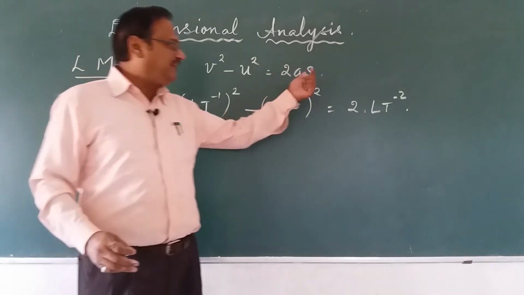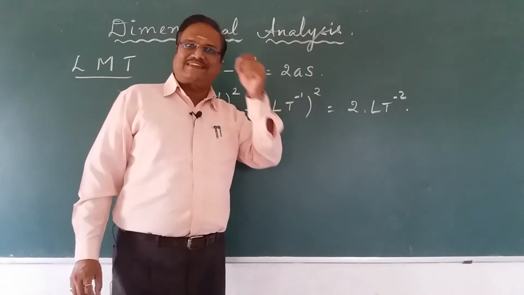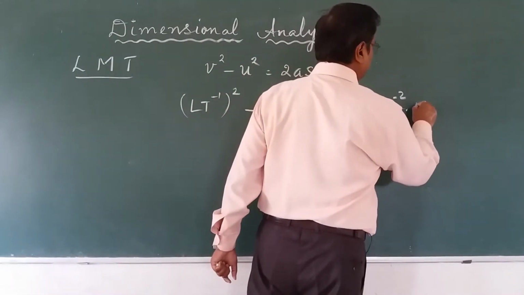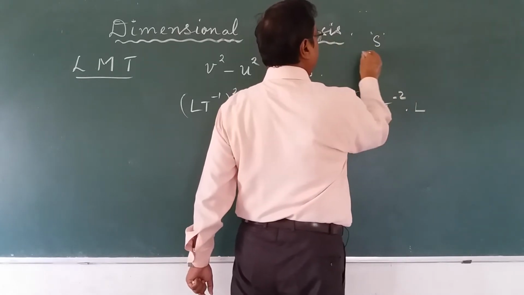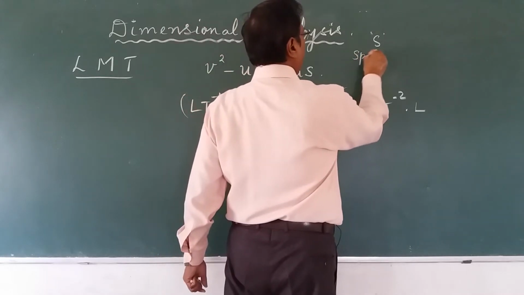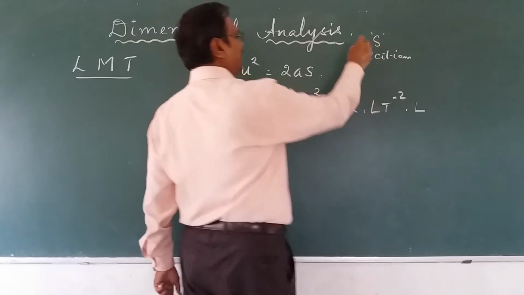We don't use D as we use in smaller classes. We use S. S is the displacement or distance, so I will write it as length. Remember, the symbol S comes from spatium, space.